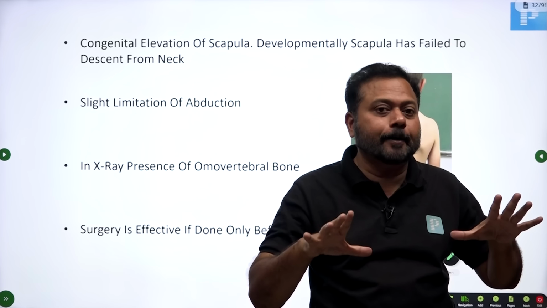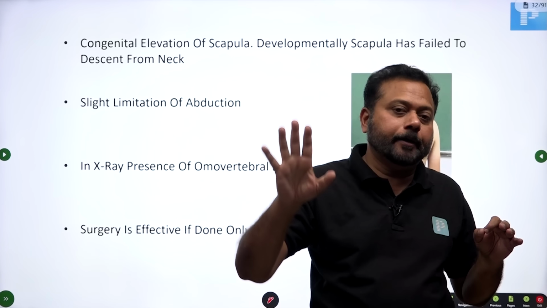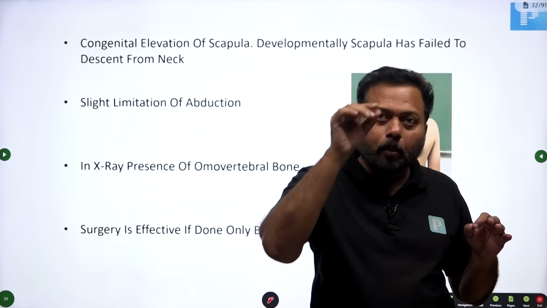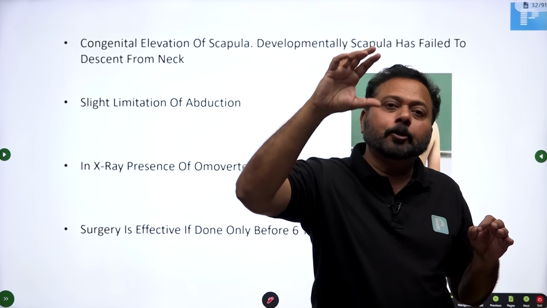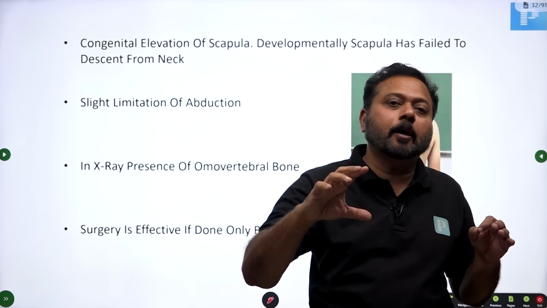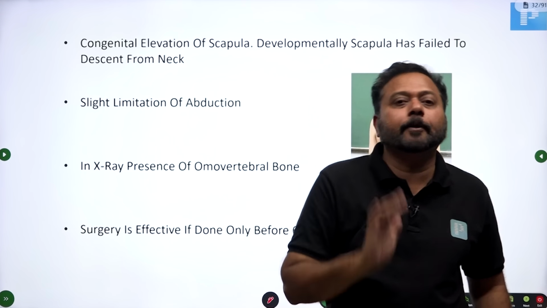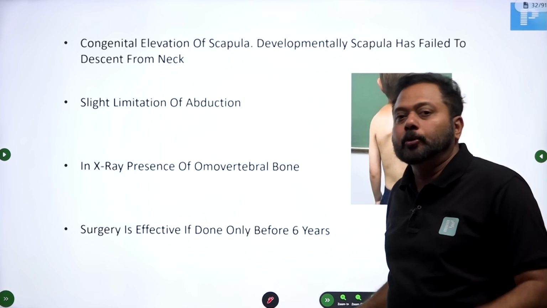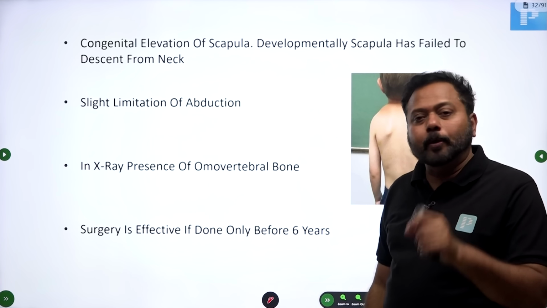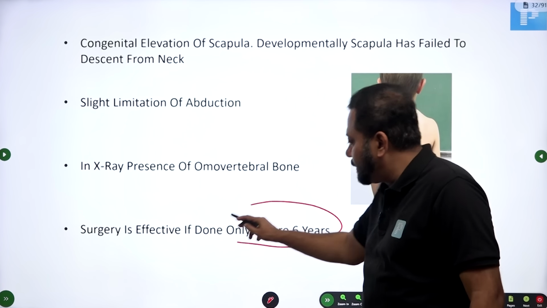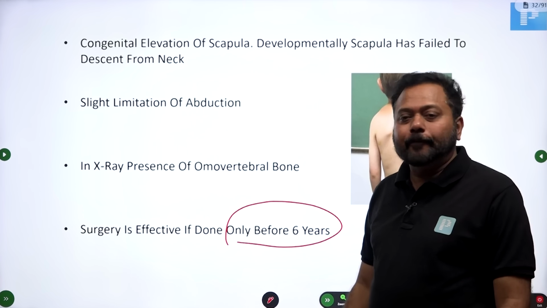It should descend because this omovertebral fascia gets obliterated. In some fetuses, this omovertebral fascia is persistent, so on that side it won't allow the scapula to descend. So the baby will be born with a congenitally elevated scapula. This is the pathogenesis. If at all you want to do something, you have to do surgery, and surgery is effective only when done before 6 years. After 6 years, it becomes ineffective.